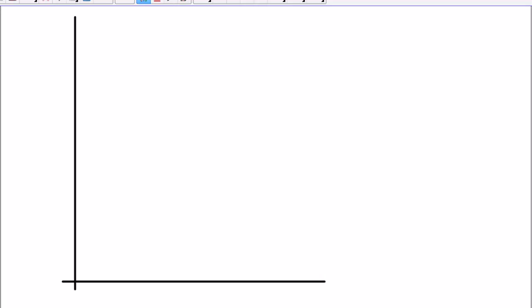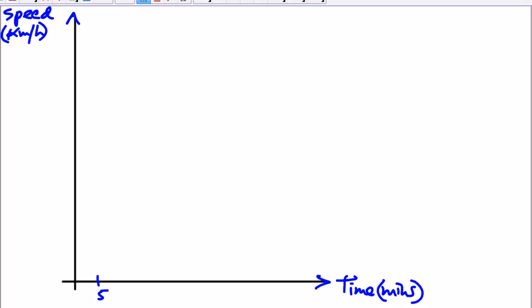Now what I'm going to do is, on the y-axis, that will be represented by the speed, kilometers per hour. On the x-axis, I'm going to represent my time in minutes. So 5, 10, 15, 20, 25, 30.